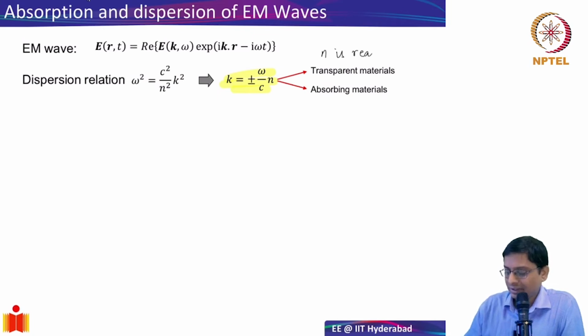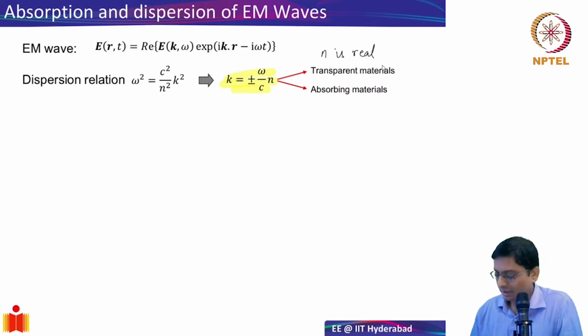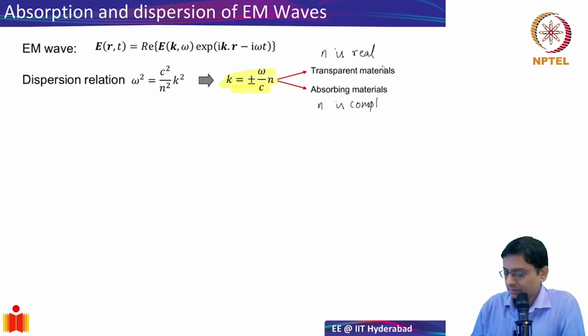But that is only for lossless, or transparent, materials. In absorbing materials, n is complex. I can represent n as a real part n prime plus i n double prime.